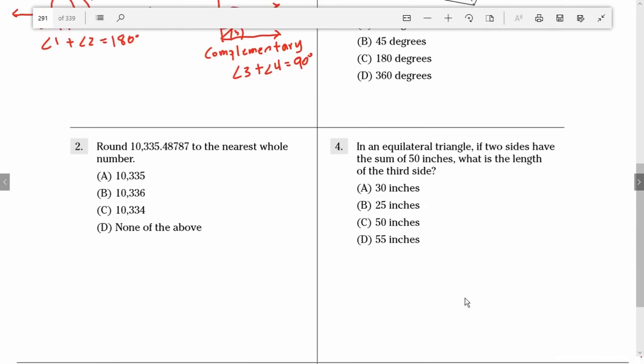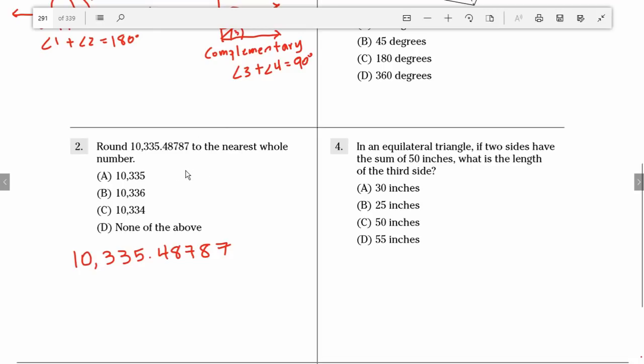Number 2 says round 10,335.48787 to the nearest whole number. Okay, so let's go ahead and write this out. Okay, whenever you're asked to round, you need to be aware of this rule.